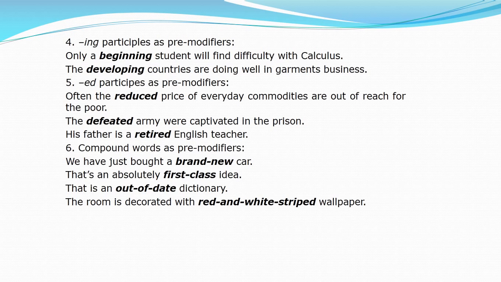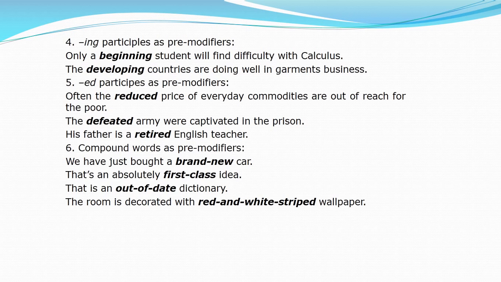And participles are also classified in 3 groups: present participle, past participle, and perfect participle. So these ing participles are participle. The definition of participle is when a word acts as an adjective and as a verb, then it is called participle.